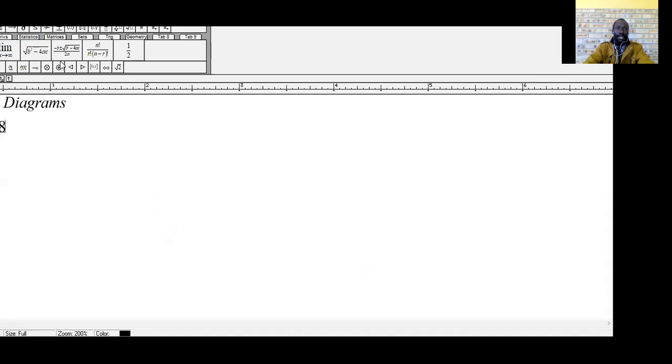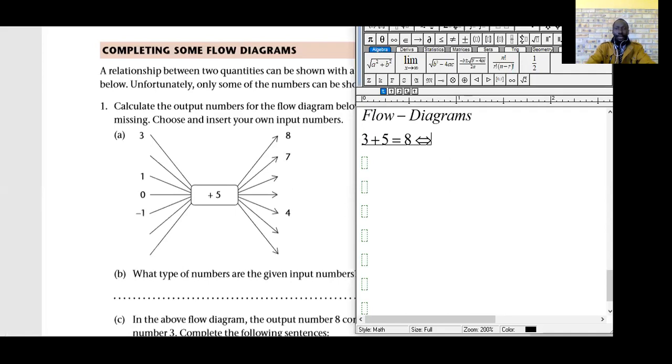This is what I would like to put. Now, that means if this 3 was not given, and we are required to use what is on the right-hand side to get the 3, we would have to subtract 5 from 8 to get the 3.